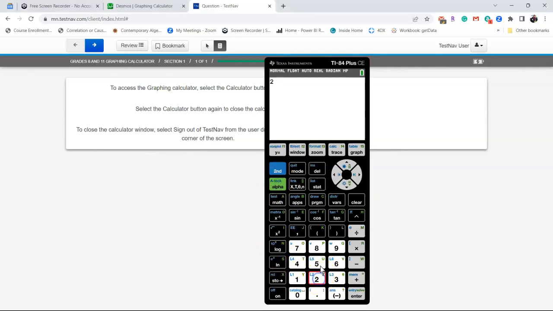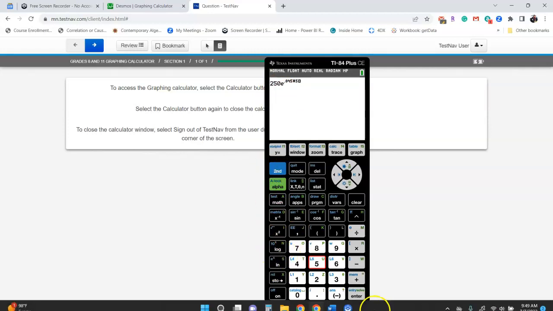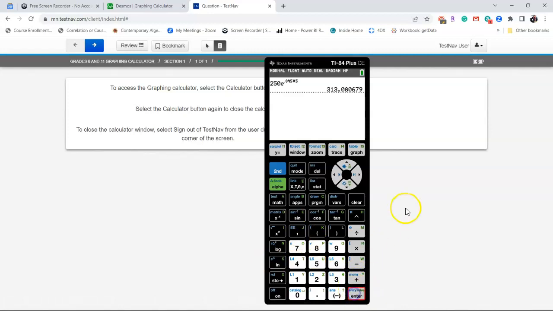So we have $250, and then I'm going to hit the second and the LN button, so the natural log button, and notice that it automatically gives me a raised e, so we just need to type in 0.045 times 5. Okay, so this is how this would look. Again, the second key and LN, and then we end up with our $313.08.